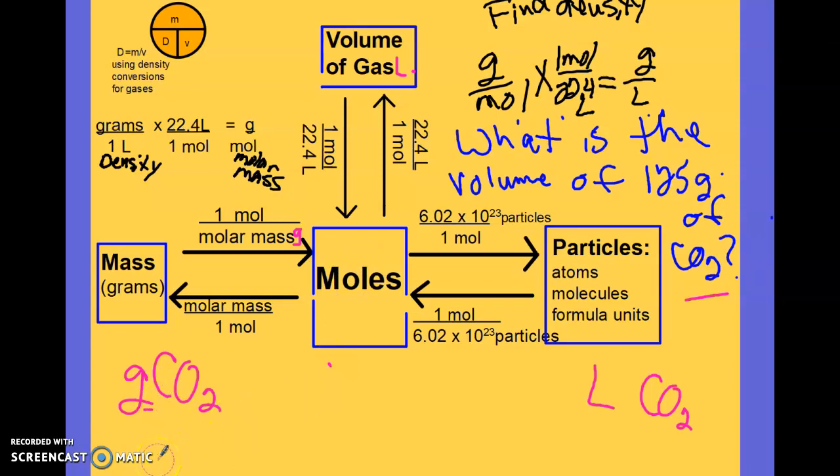Grams of CO2. I know I want grams to go away, so I want grams to go on the bottom. My conversion factor here says it's moles over the molar mass, which is in grams. I need to find the molar mass of CO2.